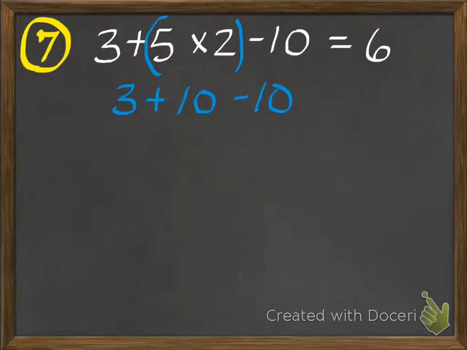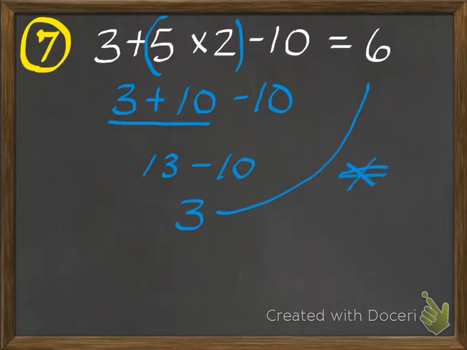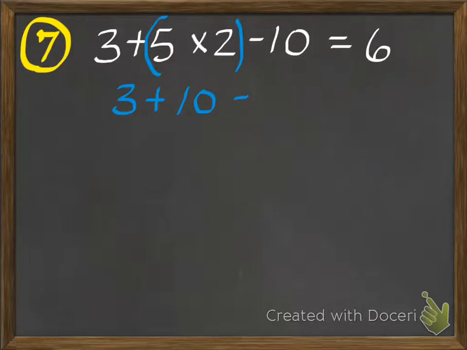And then I do addition, subtraction, left to right. So 3 plus 10 is 13 minus 10, and that would give me the answer of 3. And 3 does not equal 6. So I can't put those parentheses there. That's the incorrect place.